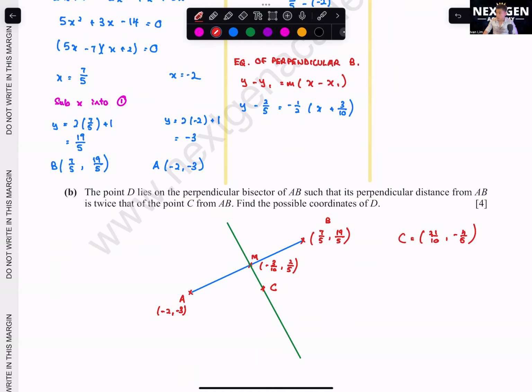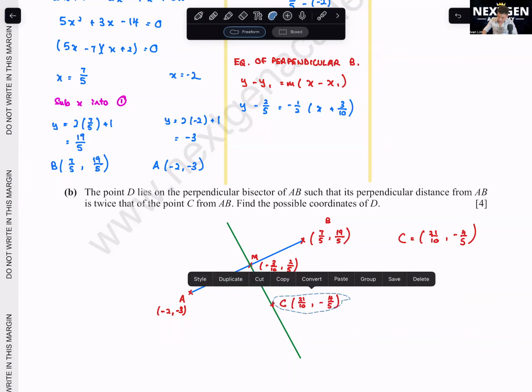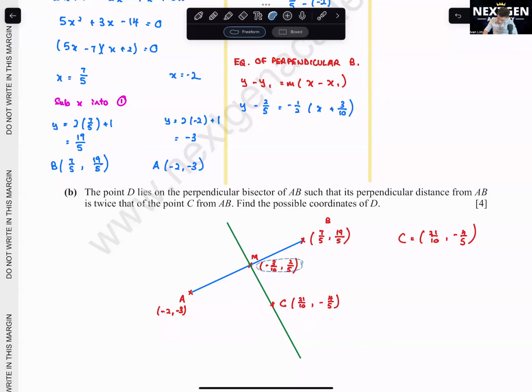Point C is (21/10, -4/5). I will draw a little bit bigger so that we can see clearly. I'm not drawing to scale. This is the midpoint (-3/10, 2/5).